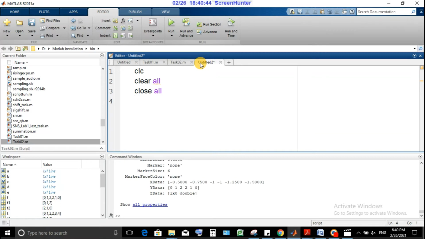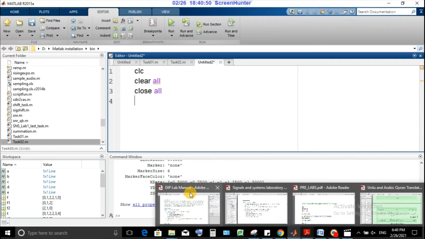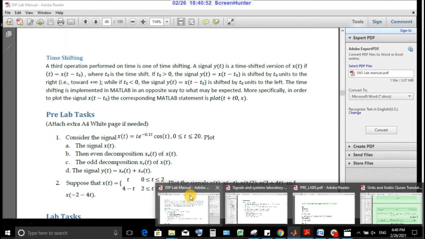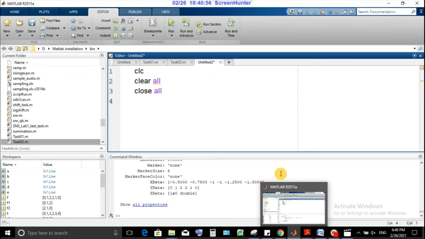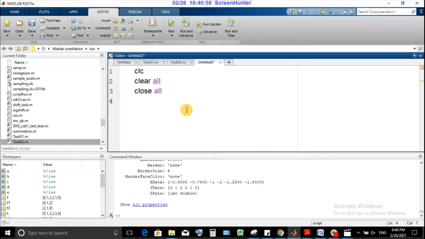So now we move towards our Prelab task according to the specific criteria given here. Time t is between 0 and 20. We will substitute t equal to 0, with 0.1 as the increment, and time goes to 20.